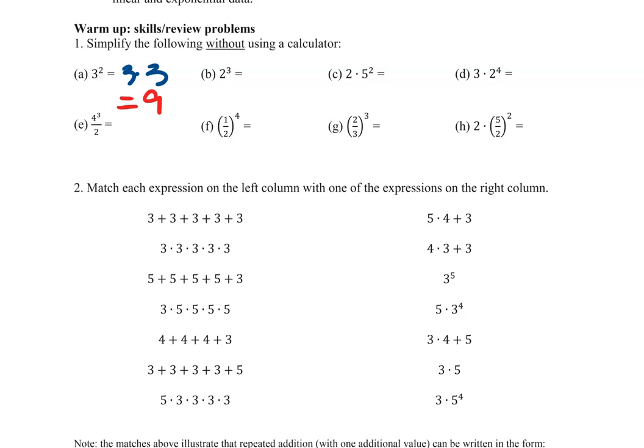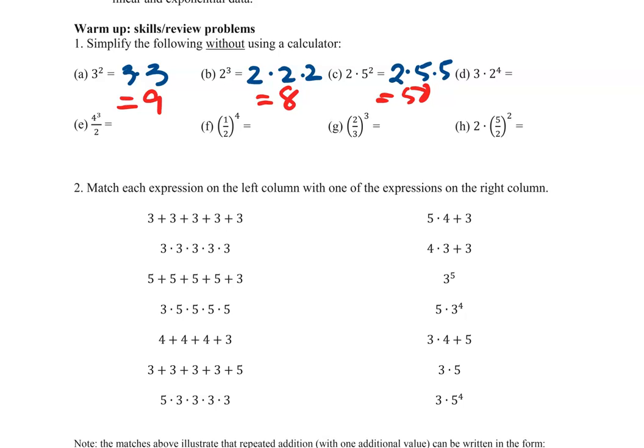Next, 2 cubed, meaning 2 times 2 times 2, and we multiplied that. 2 times 2 times 2 is equal to 8. Then 2 times 5 squared, that is 2 times 5 times 5. And 5 times 5 is 25, times 2 is 50.